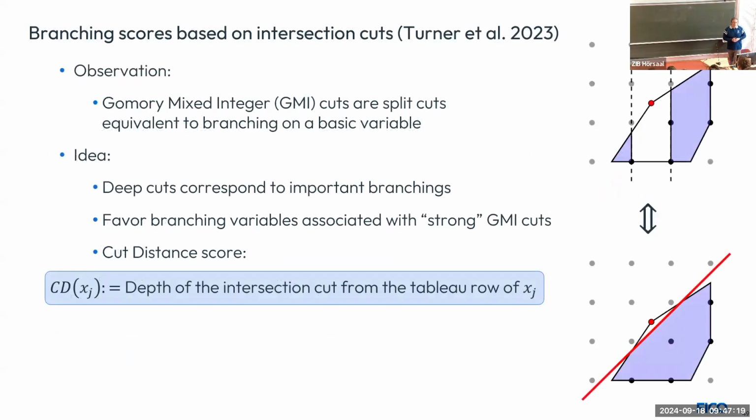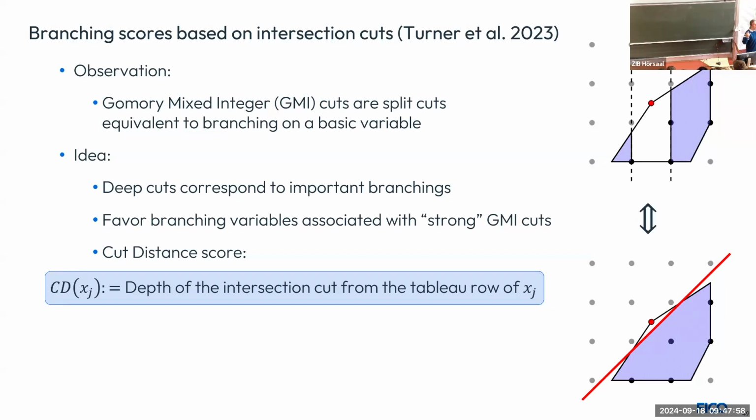And then finally, a very recent development is branching scores based on intersection cuts. There's a lovely theory behind that I won't go into too much detail on, but just from the picture here, you see that there's a kind of correspondence between a branching and the cutting plane that you can derive from your branching decision, because it goes to these two intersections here, so-called split cuts, which are equivalent to a certain form of Gomory cuts.